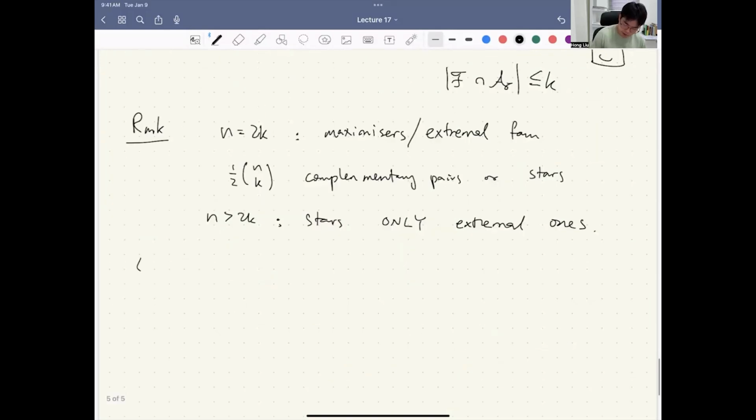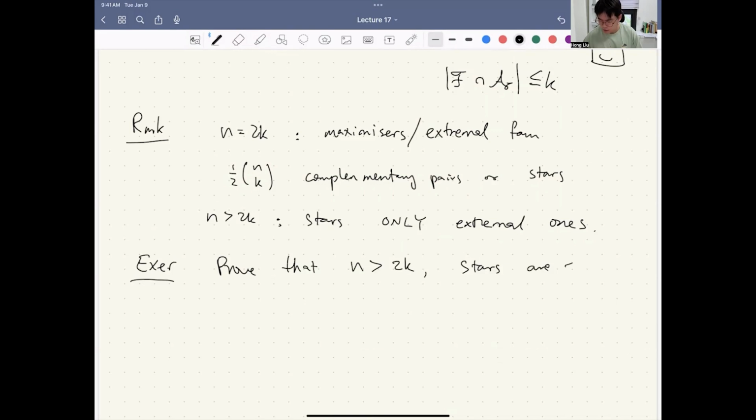I will leave this as an exercise. Not very easy, but not too hard. So prove that when n bigger than 2k, stars are the only k-uniform intersecting families of size n minus 1 choose k minus 1.